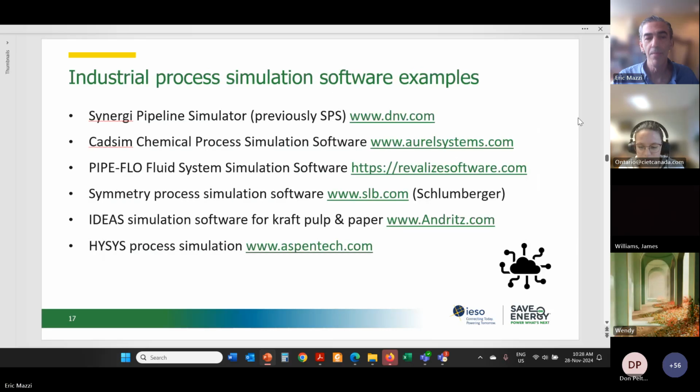Here is just a sample of simulation software examples: pipeline simulators, chemical processes, pipe flow, Schlumberger's model used for things like compressors, pulp and paper models, and HYSYS, which is a general mechanical process simulator. The list could go on. I want to be really clear that when we're talking about simulation software, it's these types of things.